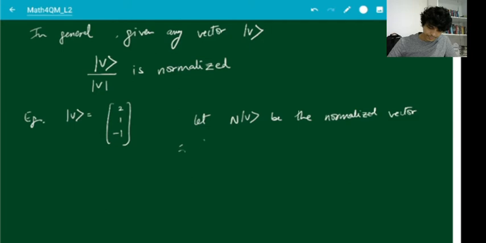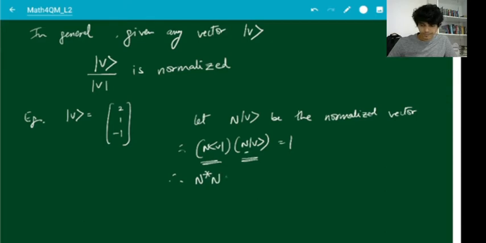Therefore, if I take the inner product of ket nv and bra nv, this should be equal to 1. Remember, if there is a number on the left side, it comes out as complex conjugate. A number on the right side comes out just as itself. So the inner product of v with v is equal to 1.